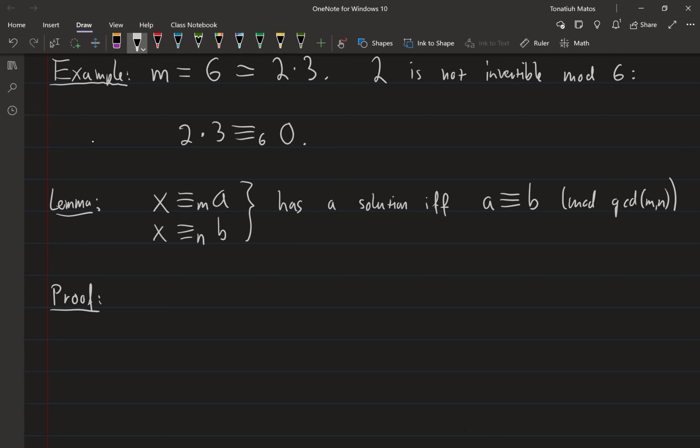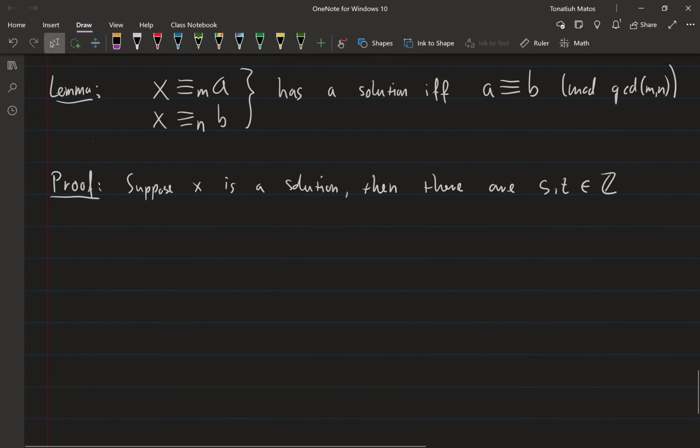So let's do this as an if and only if statement. So suppose x is a solution. So what can we do? Well, there are two integers, s and t, that make this work.